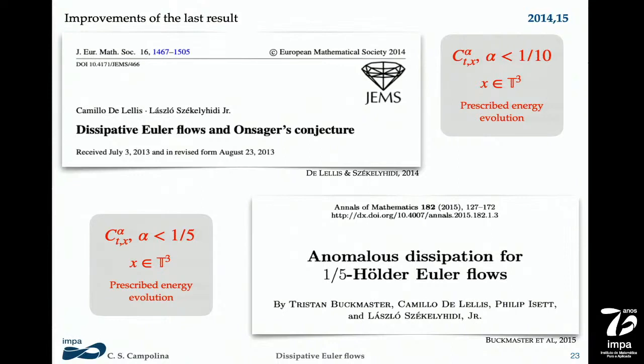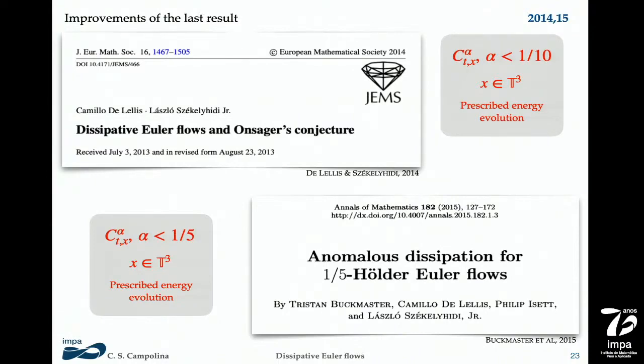And in a later paper, one year later, they show that we can extend to 1/5. And here we have more people working together. Besides De Lellis and Székelyhidi, we have Philip Isett and Buckmaster. Okay. But essentially, it's the same technique, the same results, the same theorem, except for the regularity of the solution.